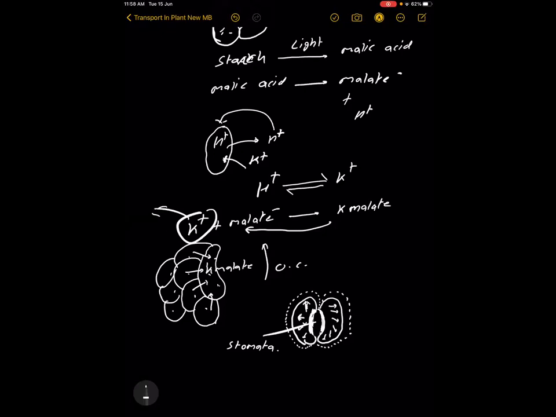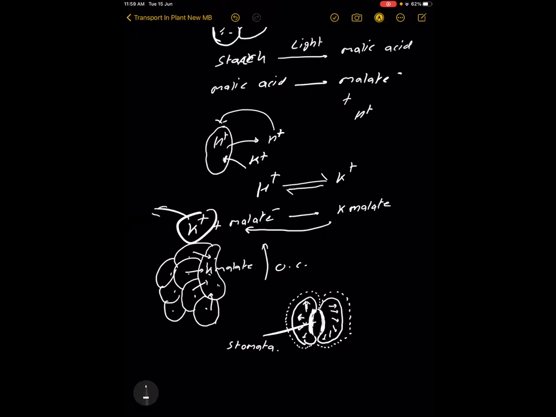During day, malic acid is formed, and because of this splitting of malic acid, H ion concentration increases, and stomata are open. During night, the cell becomes flaccid because exosmosis occurs in presence of more CO2 and abscisic acid. So the stomata are closed during night. So this is the day-night rhythm.